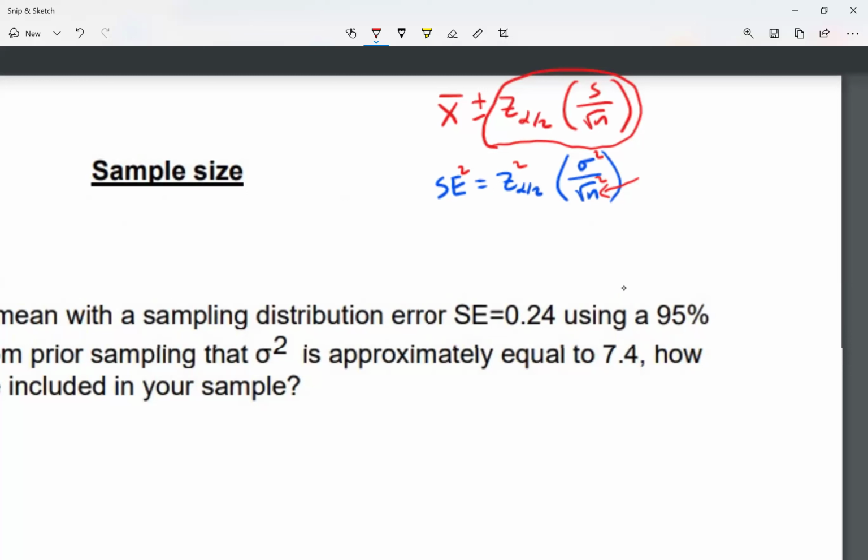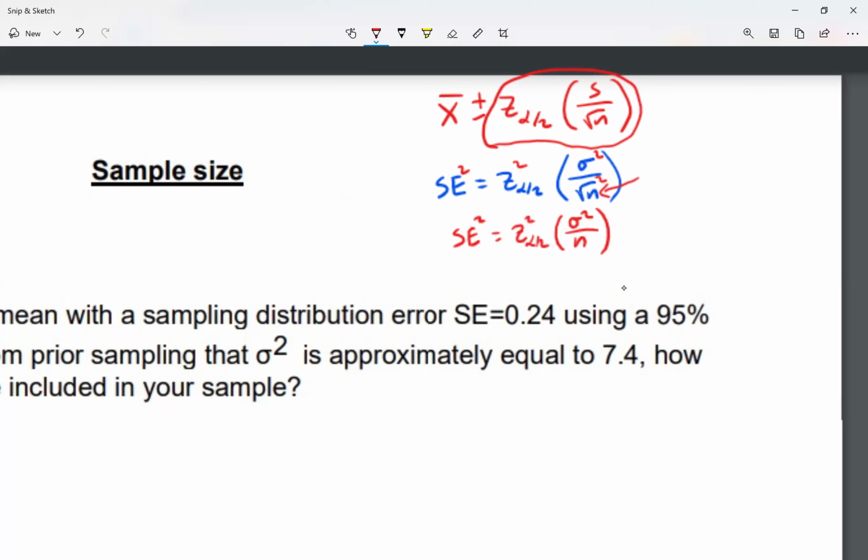But a square root and a square cancel each other out. So that gives me SE, a number, my sample error all squared, equal to my z-score squared times my sigma squared divided by n.